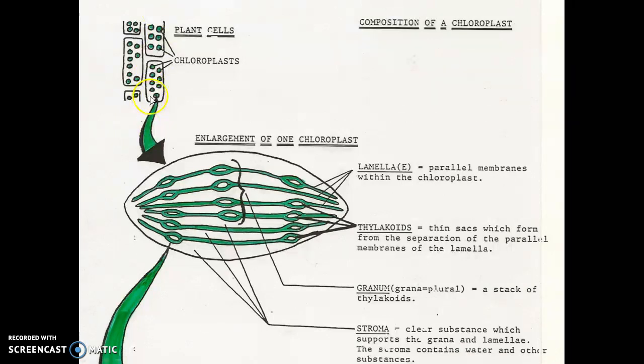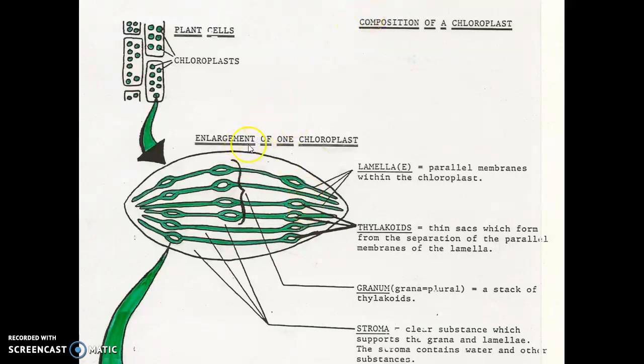But anyway, we're going to look at one, and if we zoom in on it, it looks something like this. You have all these different parts. You have the lamella, which is the green lines you're seeing. It splits here, and the split, the circle, is called the thylakoid, and this is where a lot of our process is happening.